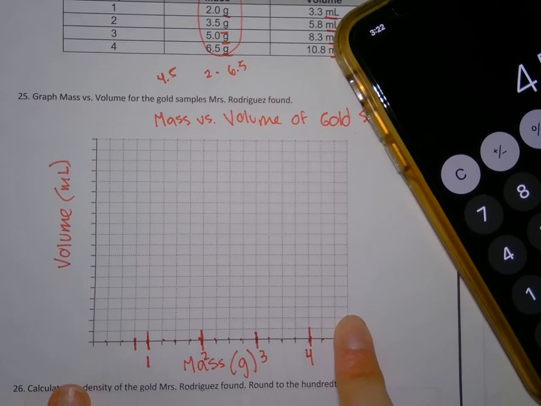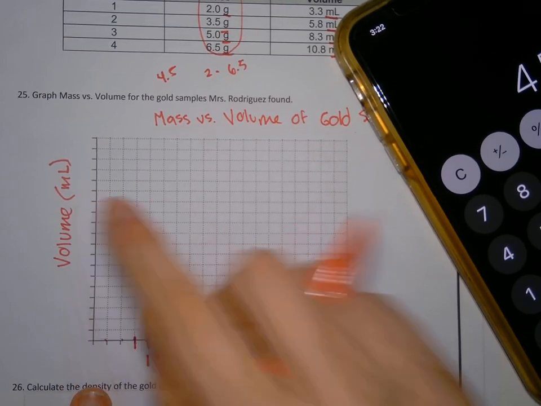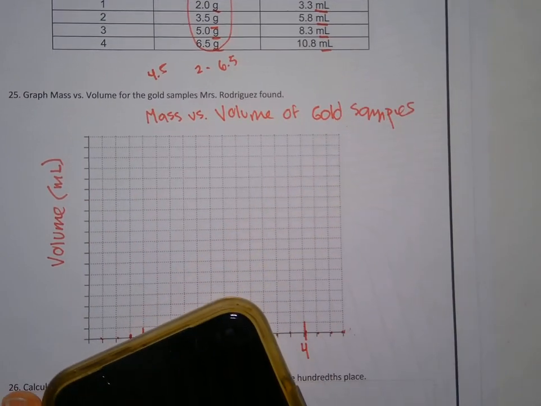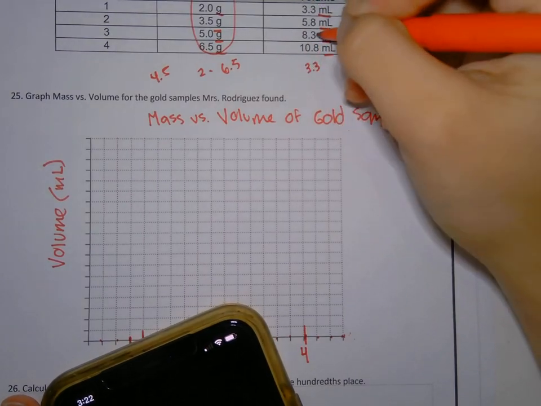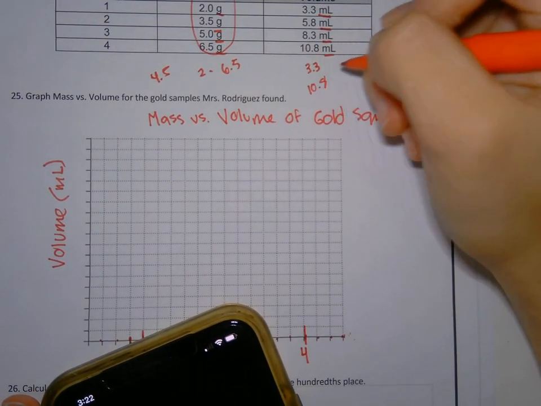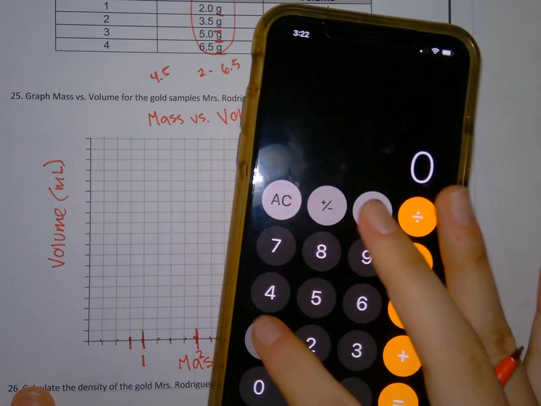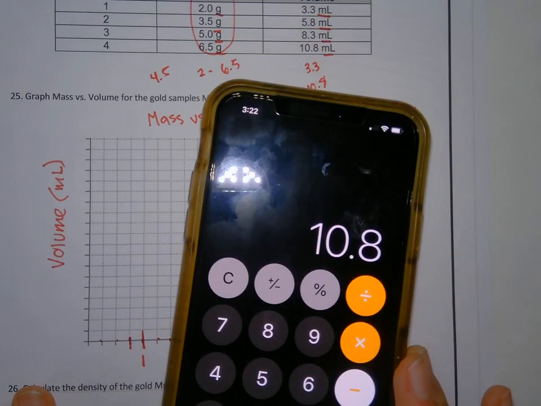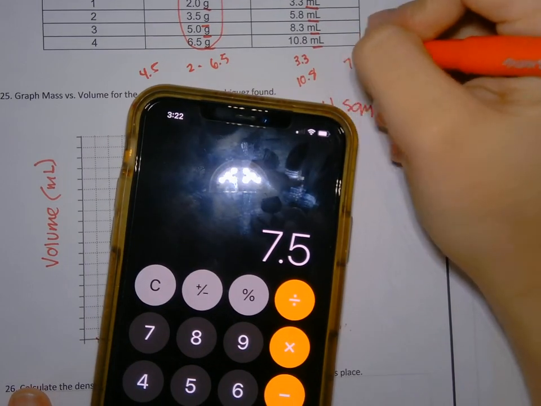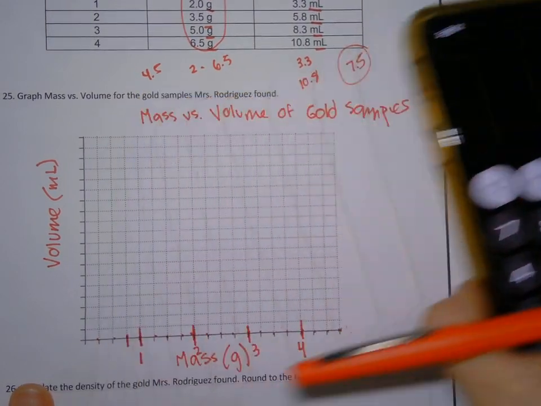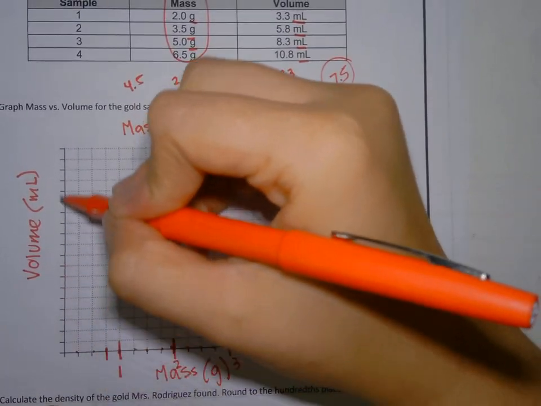I've used most of my x-axis. Now I have to scale my y. So on my y-axis, my smallest number is 3.3 and my largest number is 10.8. So 10.8 minus 3.3 is 7.5. I have to fit 7.5 points on my y-axis.